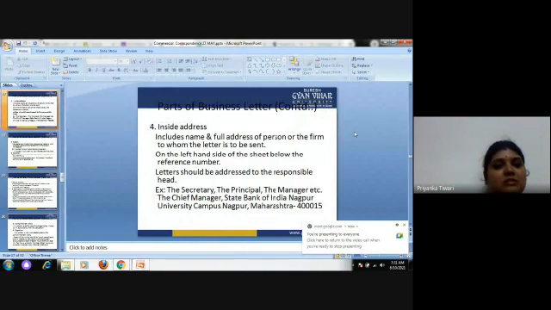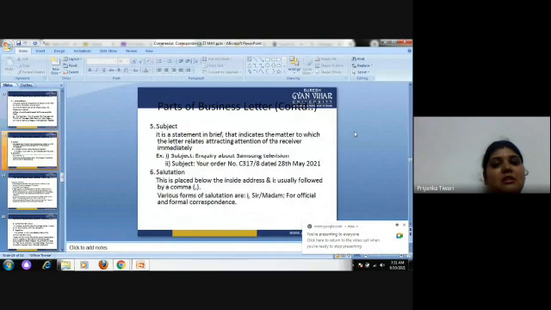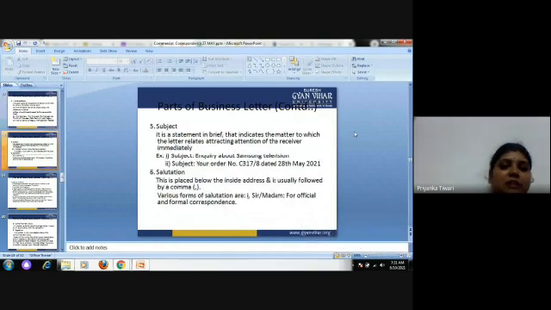Subject is a statement in brief that indicates the matter to which the letter relates, attracting the receiver immediately, for example, subject: query about Samsung television, or subject: order. This is placed below the inside address and is followed by a salutation; various forms of salutation are used for official and formal correspondence.